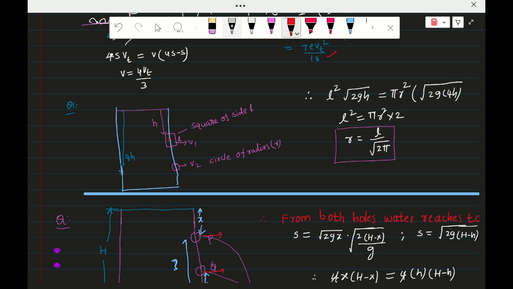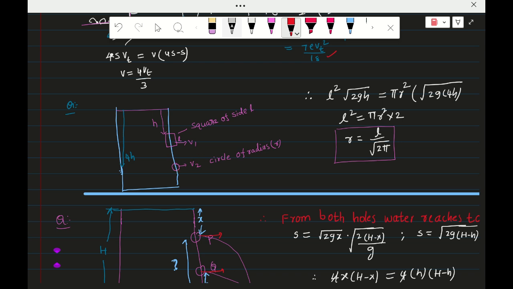Consider the water is coming out from a square hole of side L with V1 velocity, and there is a circular hole of radius R. The velocity is V2.